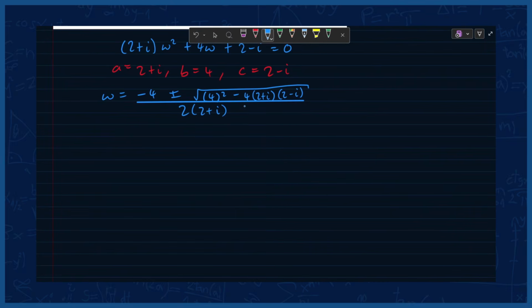Okay, so let's simplify this. We can't just punch this into the calculator because some calculators can simplify this, but I'd assume the majority of them can't. So 4 squared is 16, and then here I've got minus 4, and I hope you can see that I've got a difference of 2 squares.